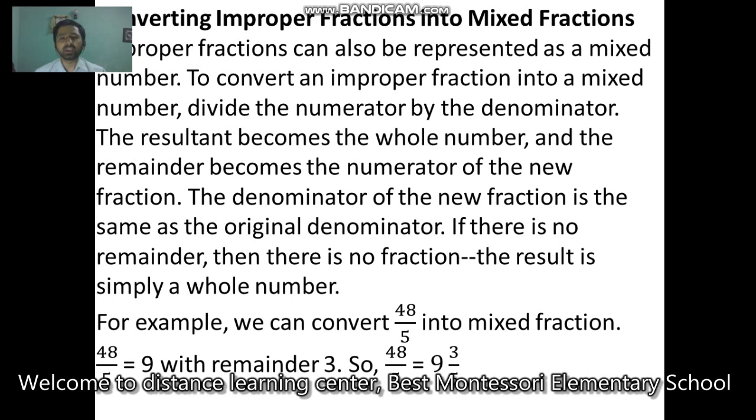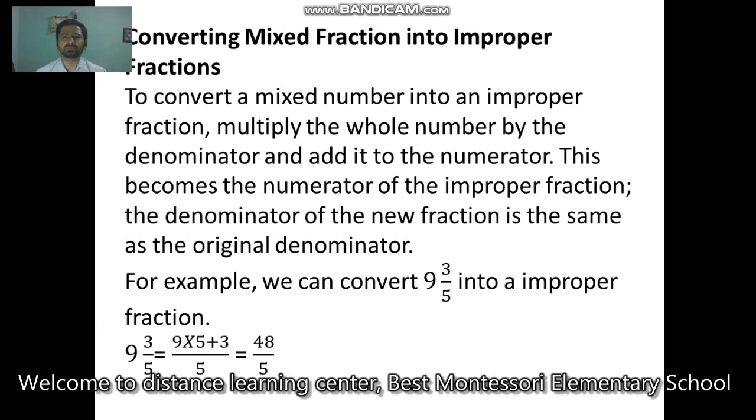Similarly, we can convert mixed fractions into improper fractions too. Again, I have taken an example of a mixed fraction, 9 whole 3 by 5. What we have to do is multiply 5 and 9 and then add the 3. 5 into 9 plus 3. 9 5s are 45, plus 3, 48.